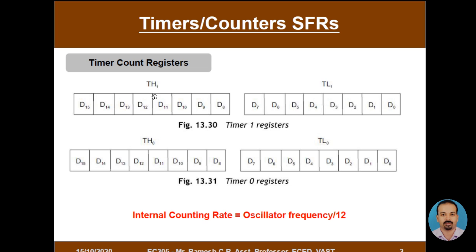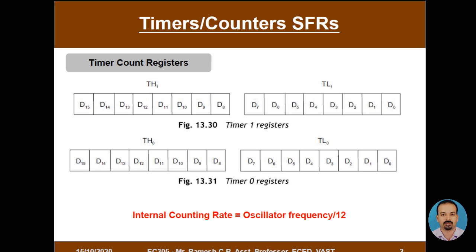Corresponding to timer 1, we have the registers TH1 and TL1, where TH1 stores the upper 8 bits and TL1 stores the lower 8 bits of the count value related to the timer 1 module, and TH0 stores the upper 8 bits and TL0 stores the lower 8 bits corresponding to the timer module T0. The count value stored inside these count registers is taken as the initial value, and at every clock pulse that reaches this timer module, it gets incremented and goes up to FFFFH.